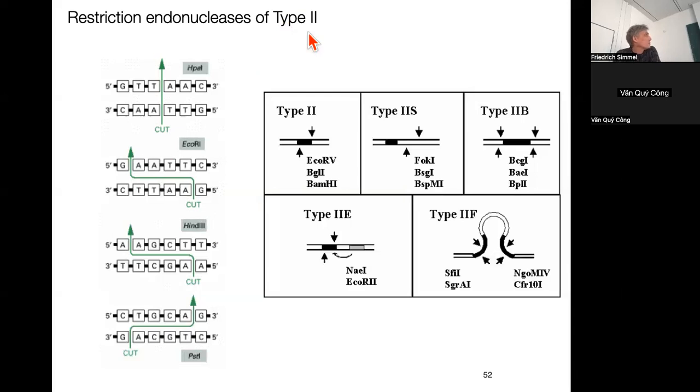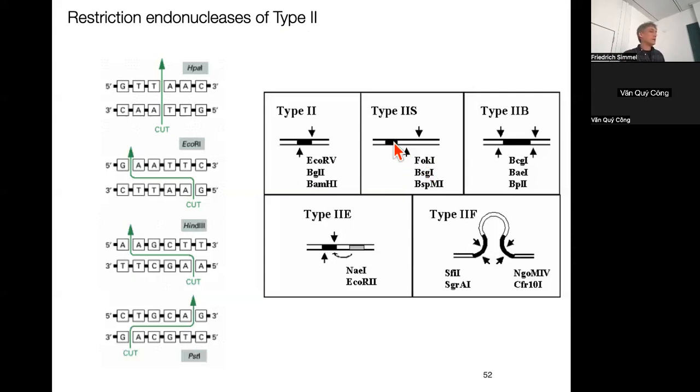And among these type 2, there are other subtypes called type 2, that's the standard, and type 2S, 2B, and so on. Type 2S enzymes play a role in certain cloning techniques. I'm not sure whether we are going to talk about this too much, but the THOC1 enzyme, for example, plays a role in Golden Gate gene assembly.